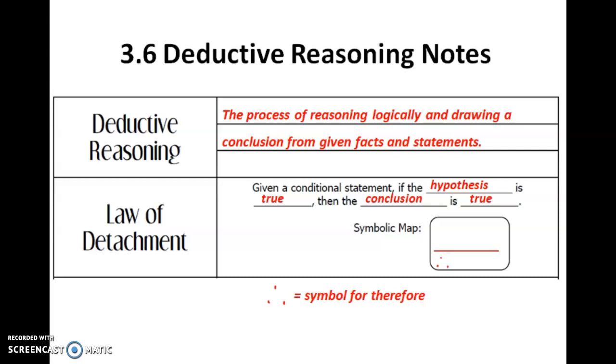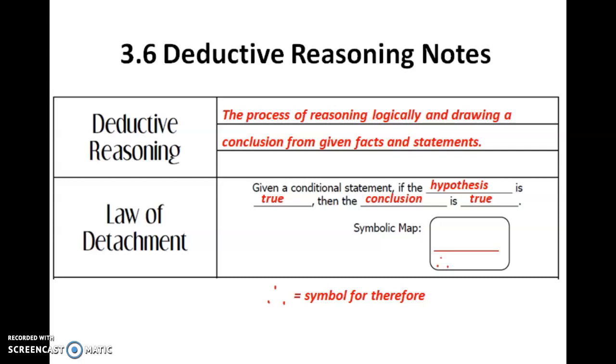The first one is called the law of detachment. Given a conditional statement, so those are our if-then statements that we've been talking about, if the hypothesis, which we call P, is a true statement, then the conclusion, which we call Q, is true.